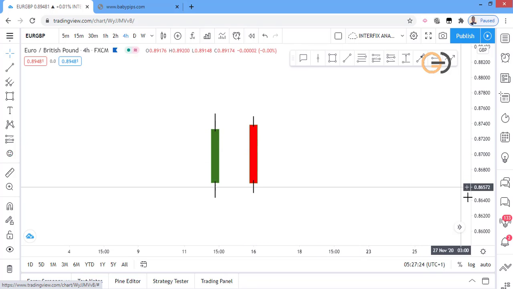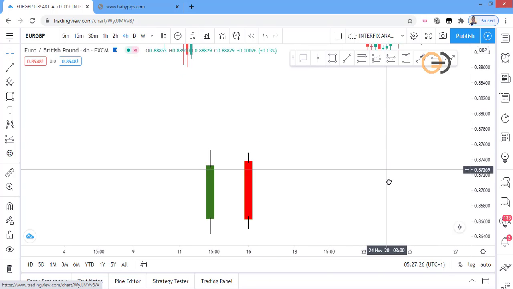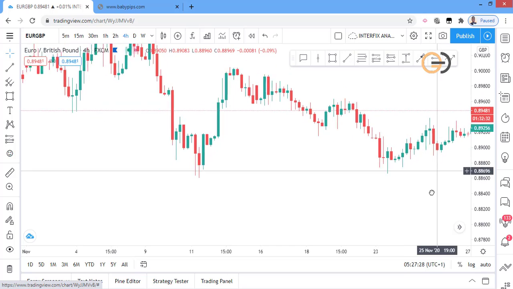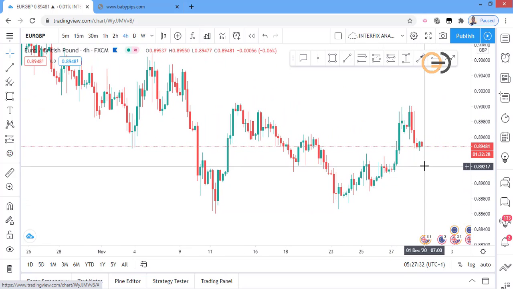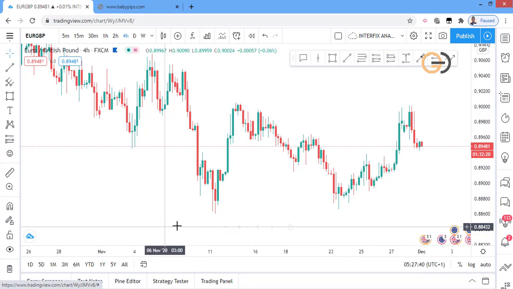All right. So candlesticks are always telling a story of how price is moving. That is why you need to study them very well to know what they are saying. It is very, very important.